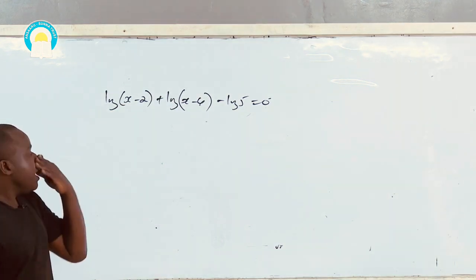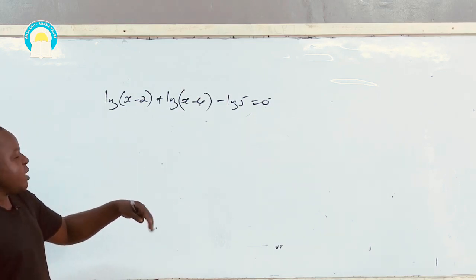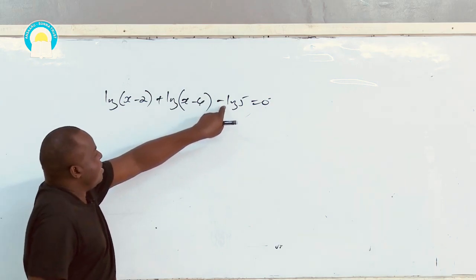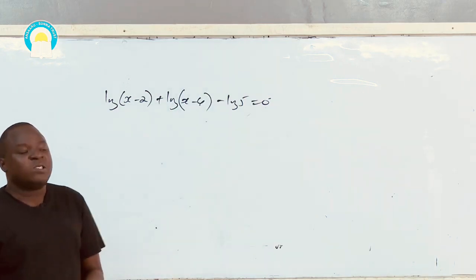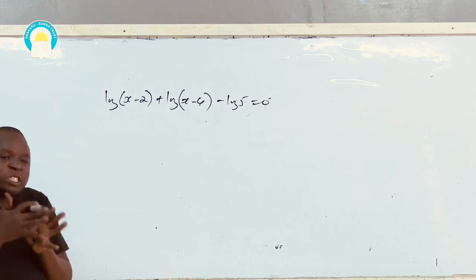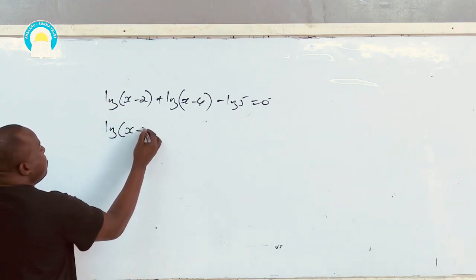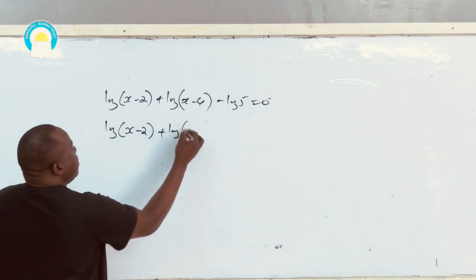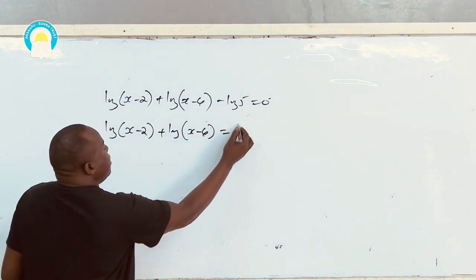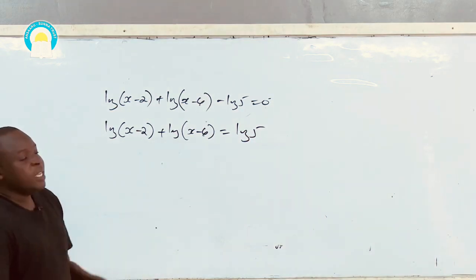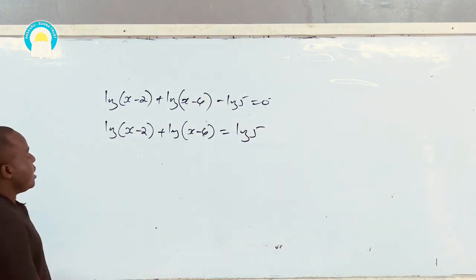So you can use that first way, or you can decide to take the negative one to the other side, just to make the equation simplified, not adding many logs in it. So then you'll end up having log x minus 2 plus log x minus 6 equals to log 5. And I think this is that normal equation we already explained.